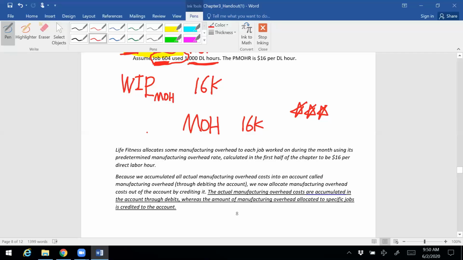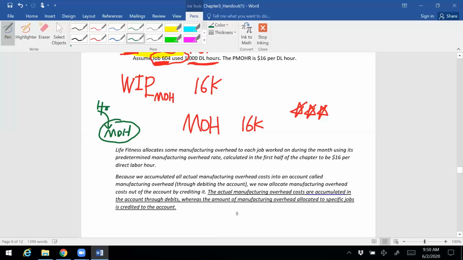When it happens, when you incur it, you put water there, but when you allocate, you get the water out, right? Sorry, I just drew a bad picture here. This is your manufacturing overhead pool. When it happens, it incurs, right?